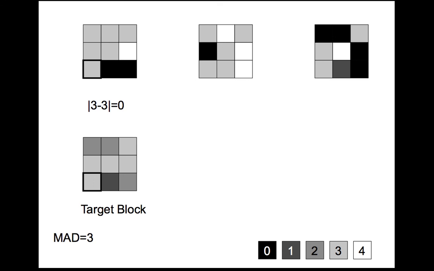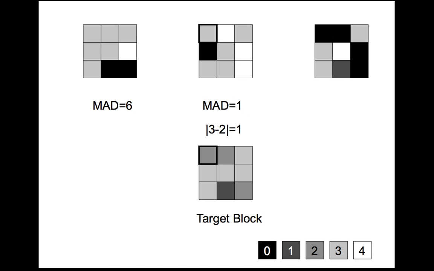So the difference between each pixel, here we've got 0, minus 1, and 0, minus 2. So the value for this one is 6. So the mean absolute difference here is 6. In this case, we're comparing again pixel by pixel.